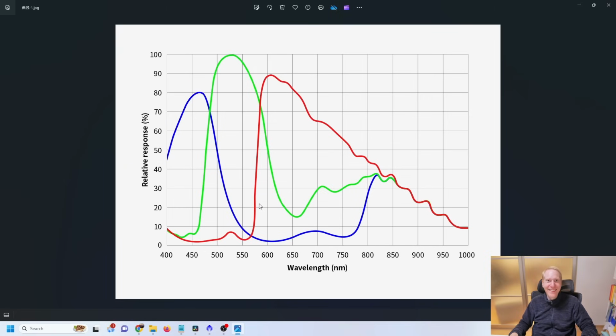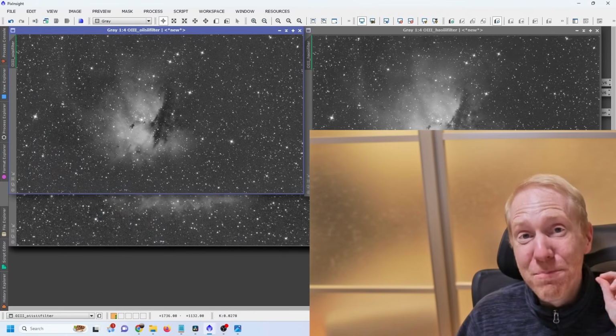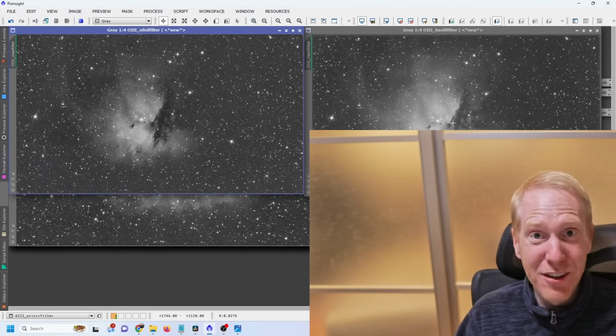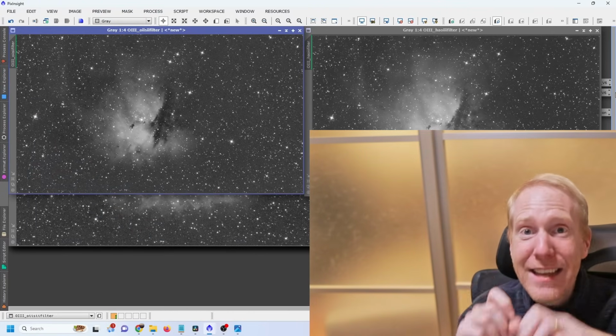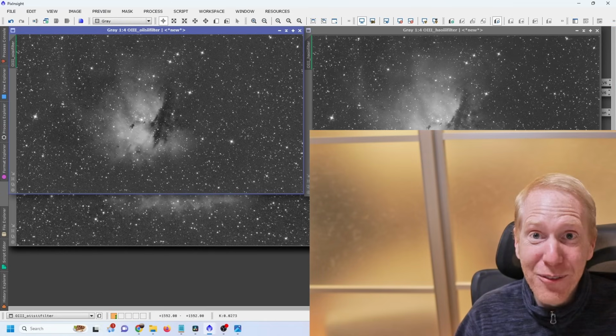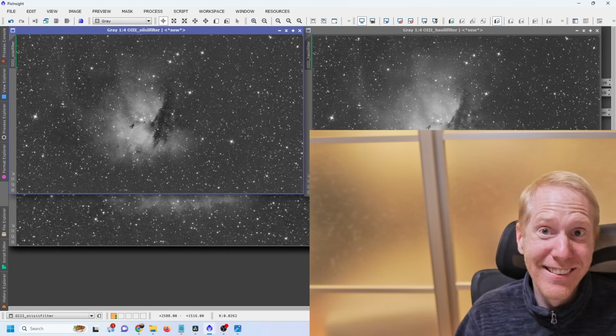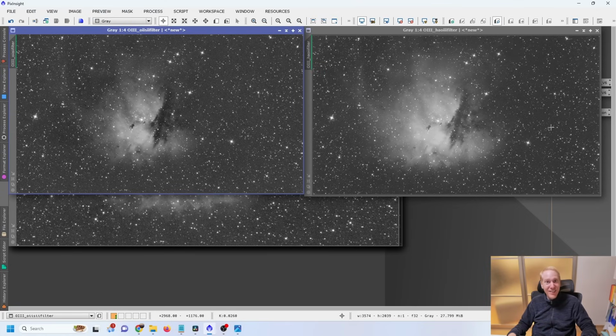Well, we have to go back to the Bayer matrix, those small red, green, and blue filters that are on each of our pixels. And remember that both the green filtered pixels and the blue filtered pixels both pass some amount of H-alpha and sulfur 2. But H-alpha is a much stronger signal than sulfur 2, so it passes into the blue and green channels of my camera sensor, and it contaminates the oxygen 3.